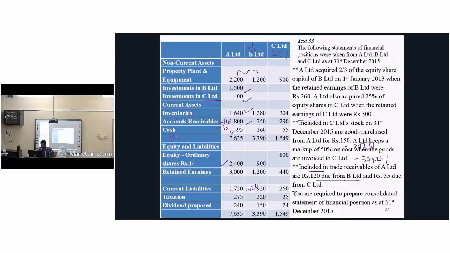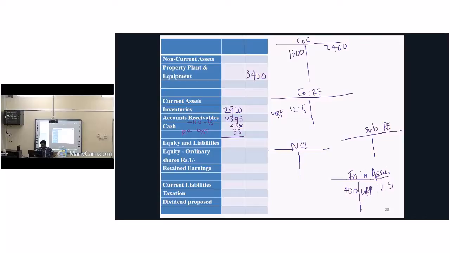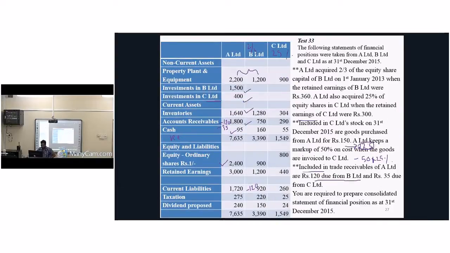Made a mistake. This goes to consolidated balance sheet. I made a mistake, sorry. Here we need to take only 900. Share capital. Next one, then we have taken this. We don't consolidate these figures. We don't take these figures.